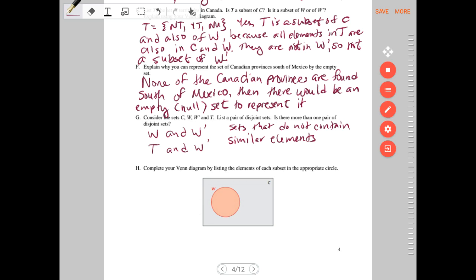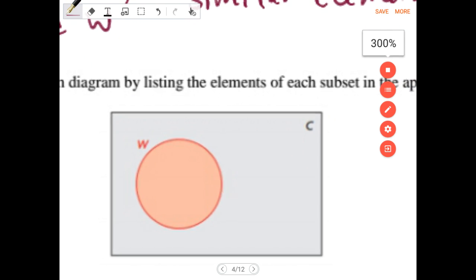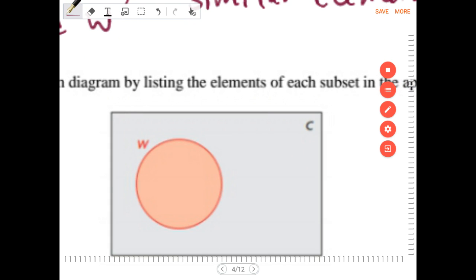Okay? Complete your Venn diagram by listing the elements of each subset in the appropriate circle. Okay, I might need to make that just a little bit bigger so I can fit them all in for you. Okay, so in W, we have a subset of Nunavut, Northwest Territories, and Yukon Territories.